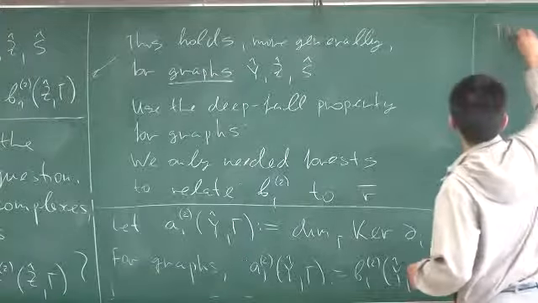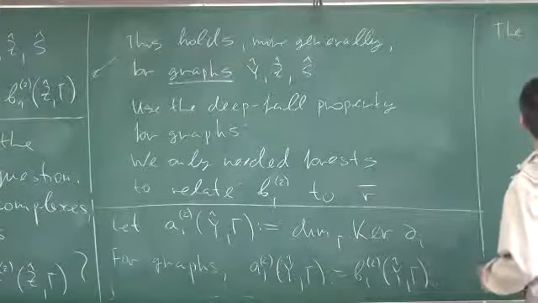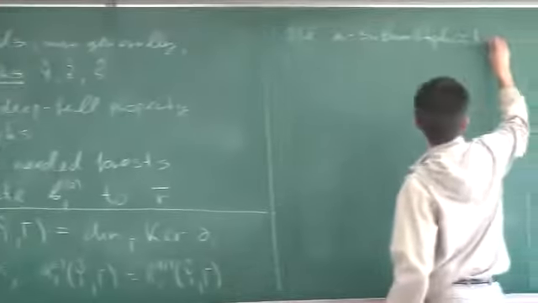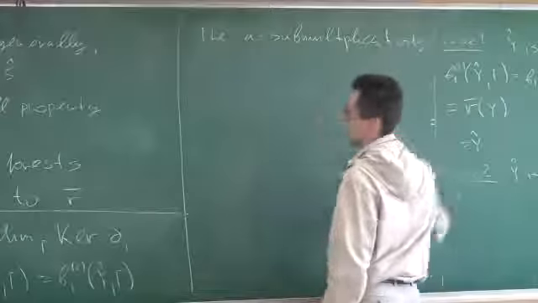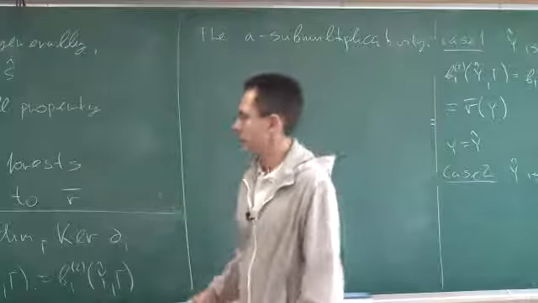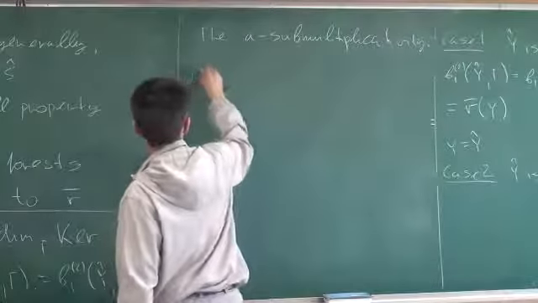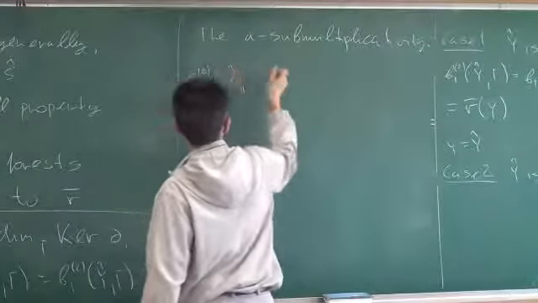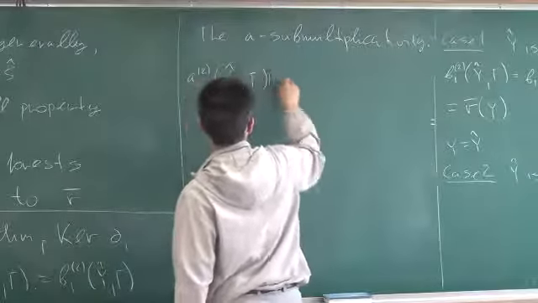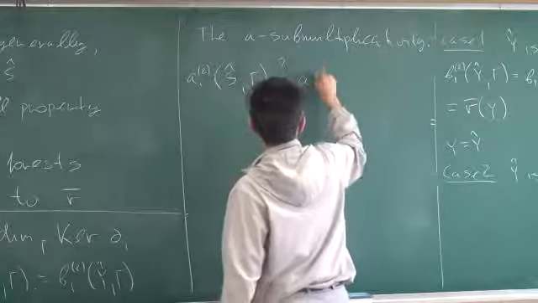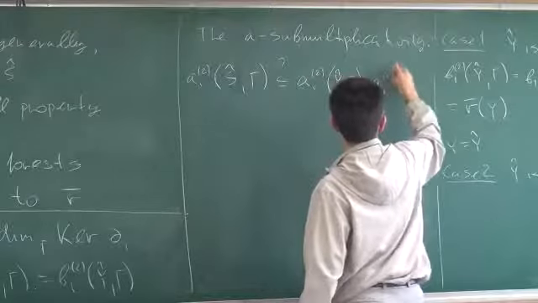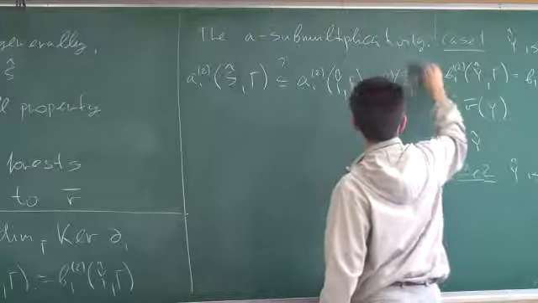So the A submultiplicativity. Again, the same question. Under what conditions on a system of complexes is A_i of Y hat gamma at most A_i of Y hat gamma times A_i of Z hat gamma?